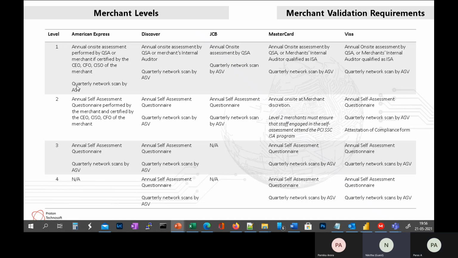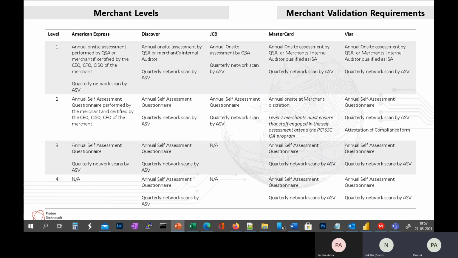Then for a level two merchant, American Express says you need to have a self-assessment questionnaire done. We will look at those questionnaires as we progress. There is a set of questionnaires which the PCI Council or American Express says if you are a level two merchant, you don't have to go for a full-fledged audit.